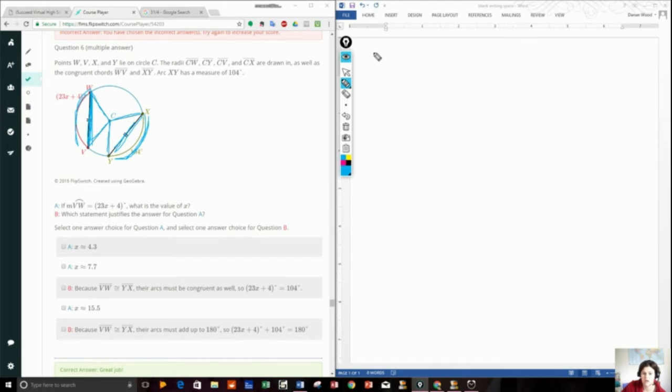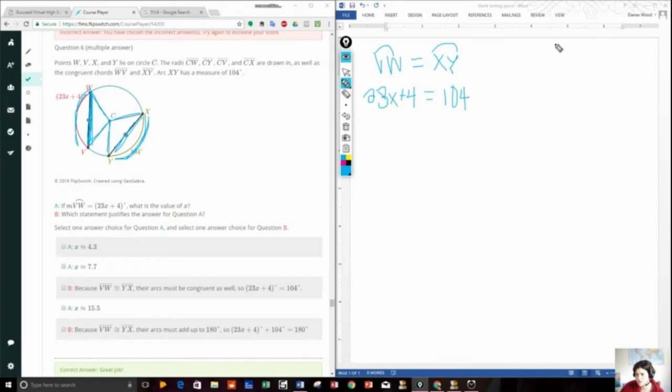So we know that arc VW is going to equal arc XY. And since VW's arc is represented by 23x plus 4, that's going to equal the measure of arc XY, which is 104. And then we're going to solve for x.